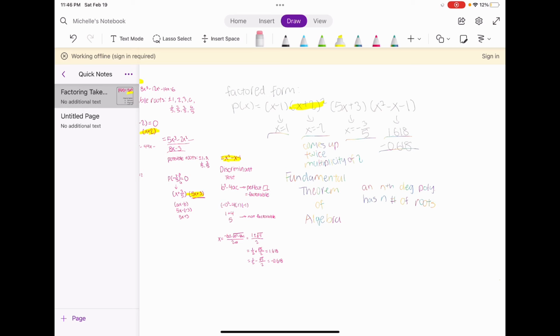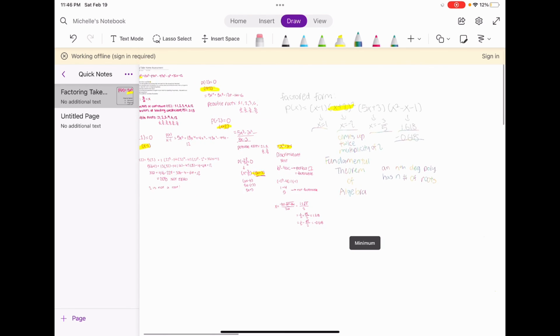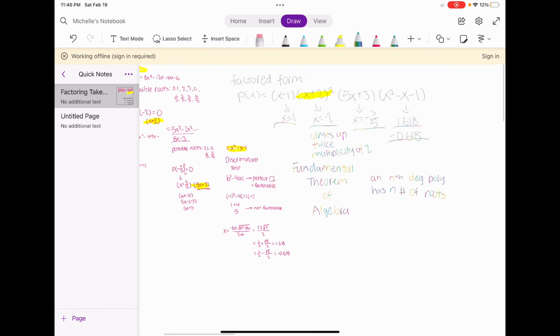Okay, now that we've cleared up that confusion, let's actually graph this thing now, because I know that's what we've all been waiting for. So we know that this is a 6th degree polynomial. Oh, we also have to find out what the y-intercept is. The y-intercept is going to be 12.